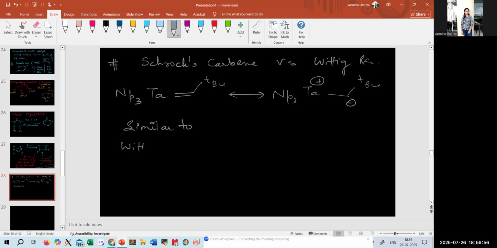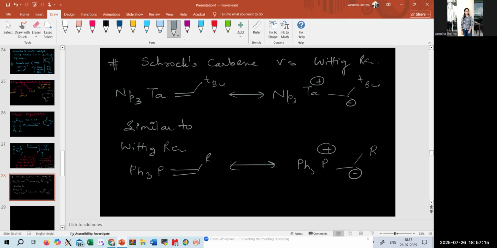the Wittig reaction, where we have PPh3 phosphine double bond R, and it turns into PPh3 plus phosphorus and minus R group.